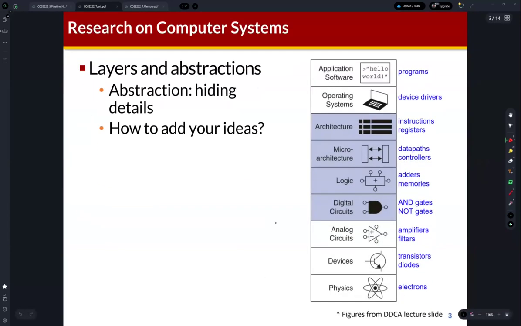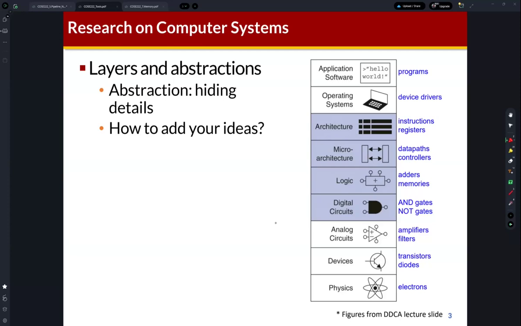So, computer architecture tools. We are learning about computer architecture, right? The architecture layer of computer systems. If you are working on computer architecture, we may need to implement our idea, the architecture of a computer system, right?